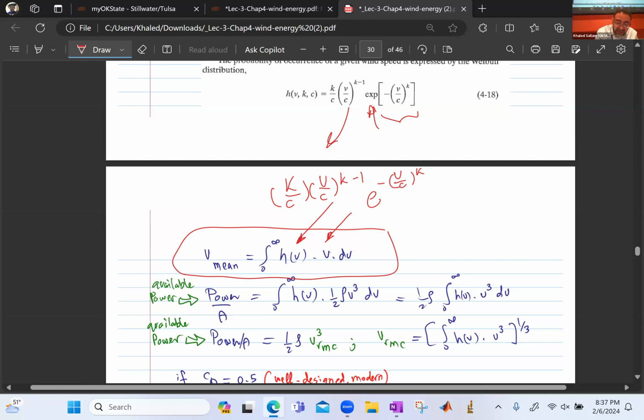Okay? So that is the distribution. Now, if I multiply this by V, then what I did is f(V) multiplied by V. And then I integrate from 0 to infinity. That will be the average.